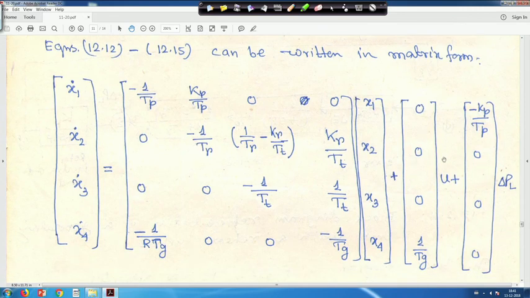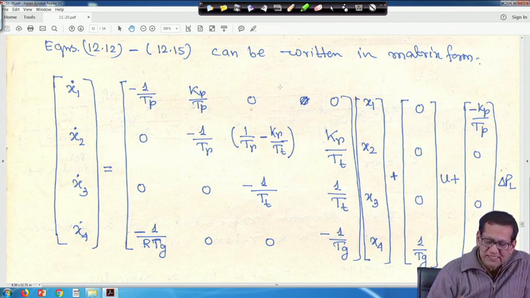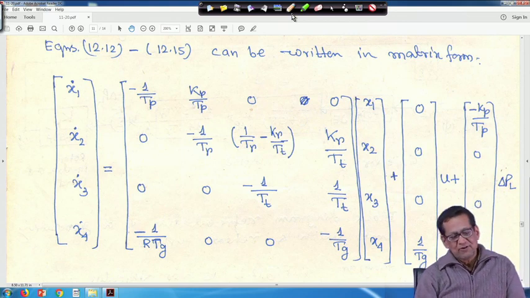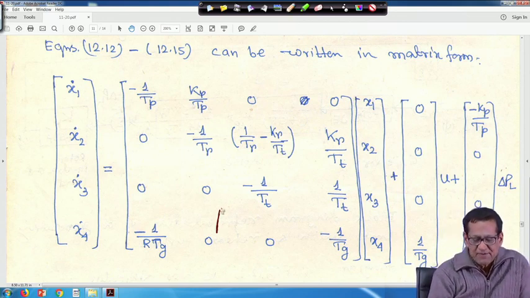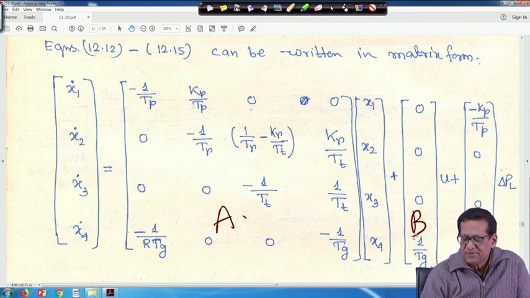So, this is actually a 4 into 4 matrix multiplying x1, x2, x3, x4, plus the input terms. In the first three equations no u is present, so only the last one has 1 upon T G u. And only in the first equation is delta P L present, in all other equations delta P L is not there. So, it is all 0 0 0, and this is 1 upon T G. This matrix we call A, this is B, and this we call gamma.